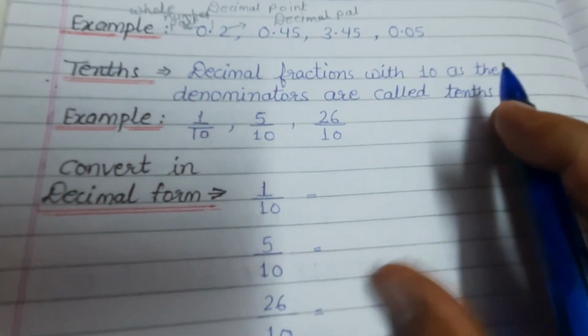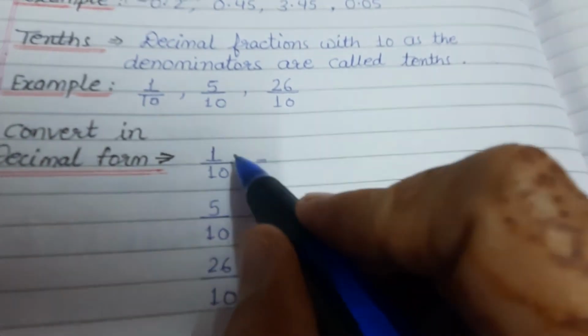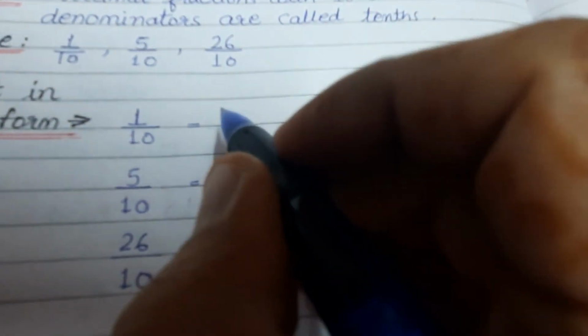Now how to convert these in decimal form? So here we have in denominator 10. Now how we will convert in decimal? First we will write numerator as it is. So we will write here 1. Now here in denominator we have 10.